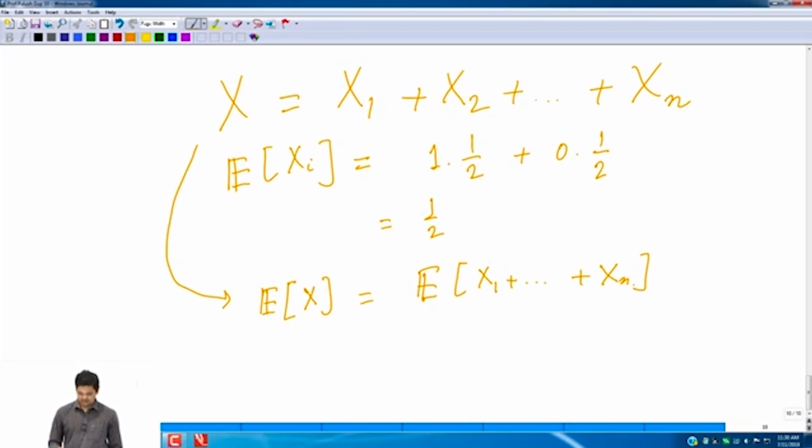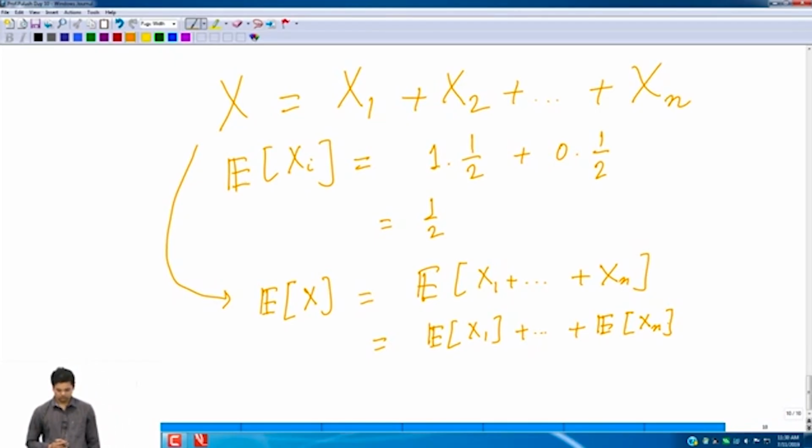You can interchange the sum and expectation. You can write this as this, by linearity of expectation.